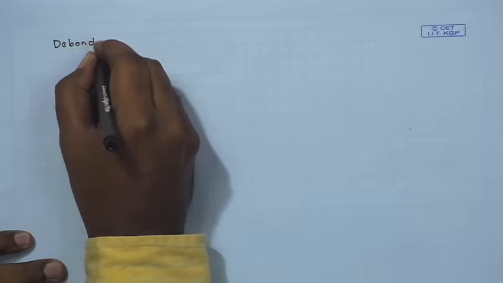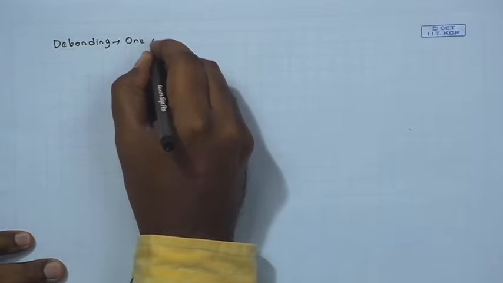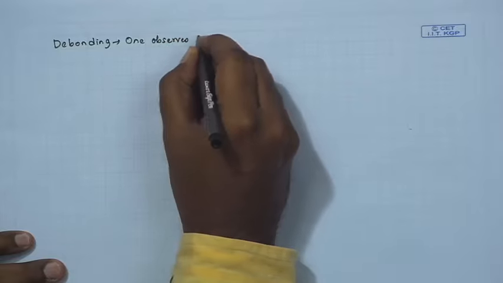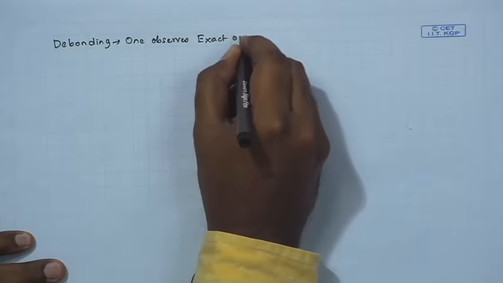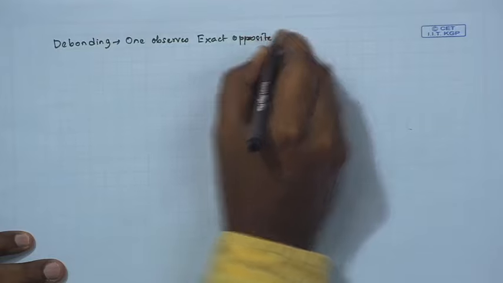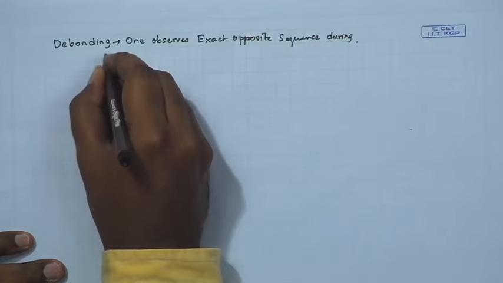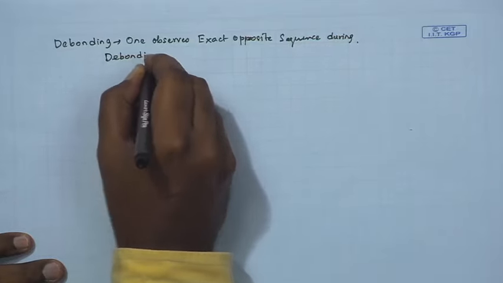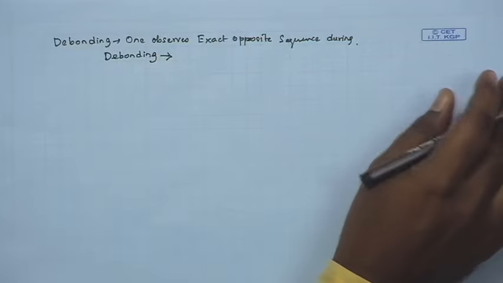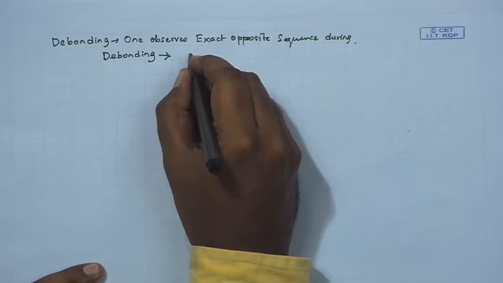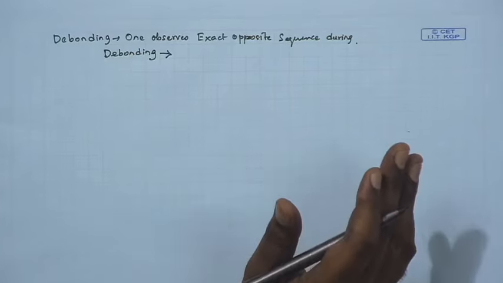And it turns out in debonding one sees an exact opposite. So, this is an important observation. One observes the exact opposite sequence during debonding. One sees the holes first, then the labyrinths, then the pillars, but most interestingly, there is in fact a hysteresis.